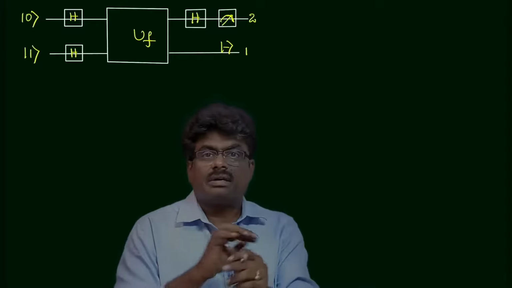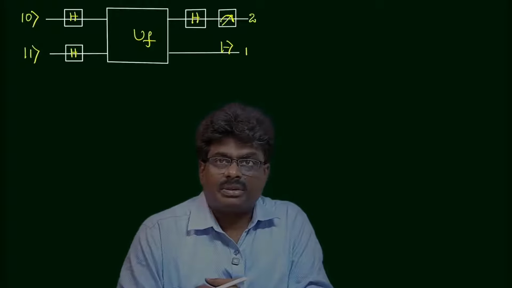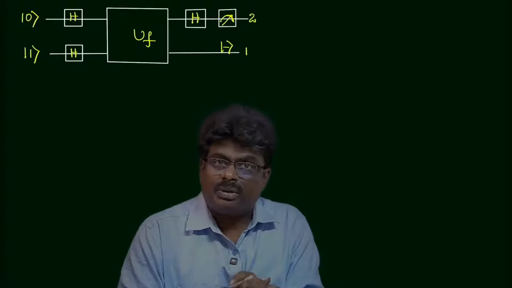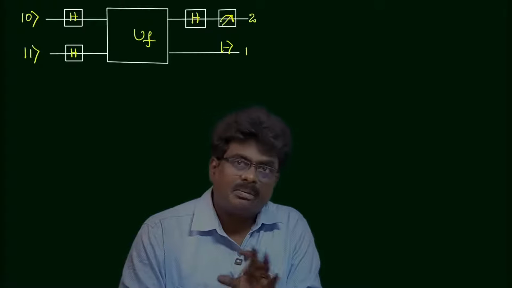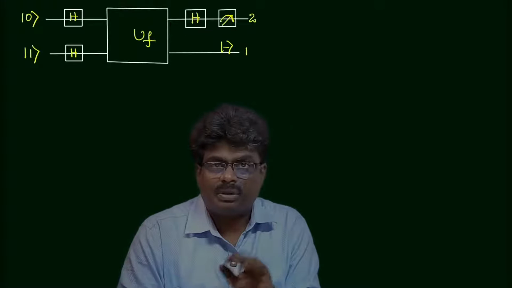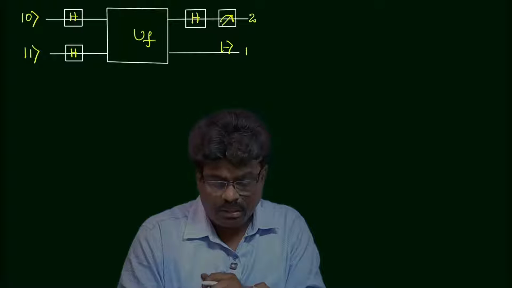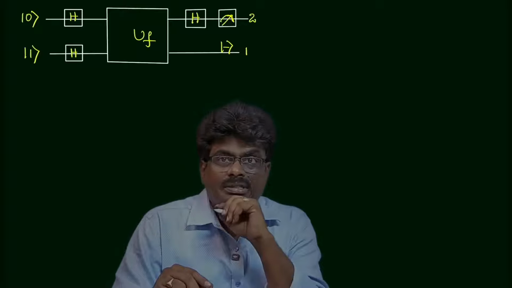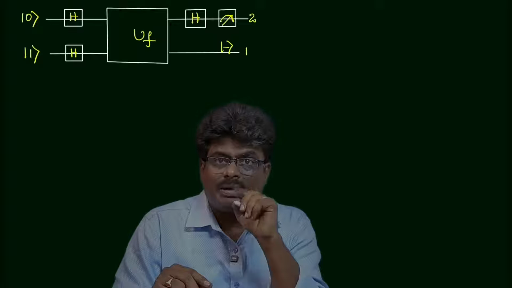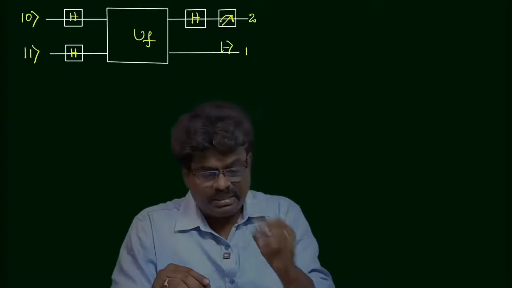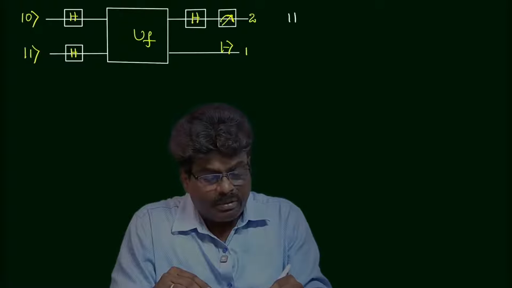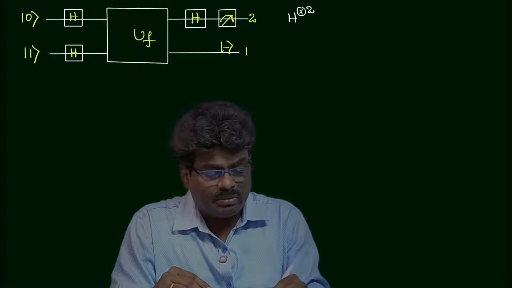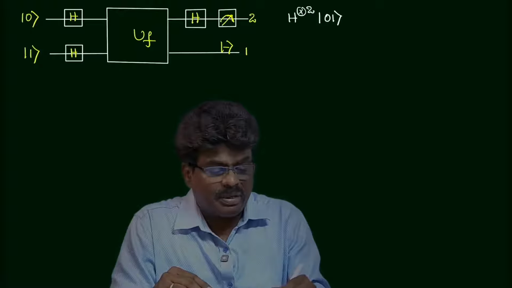Now let us come to this Deutsch algorithm circuit. This is the circuit we have already explained earlier, by using binary notation we have solved. Now let us try differently. Here the Hadamard operations, I have explained this in the quantum parallelism video. Now here we have H tensor 2 operating on 0 1.